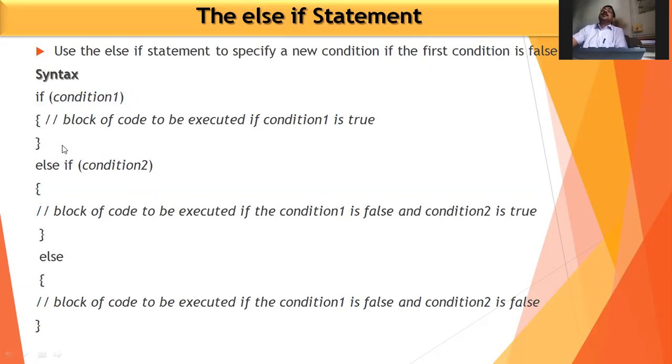In this block, we can write one or multiple statements to be executed if this condition is true. Otherwise, if this condition is false, then we have to move towards the else part. The else part will have another if. That is very important.